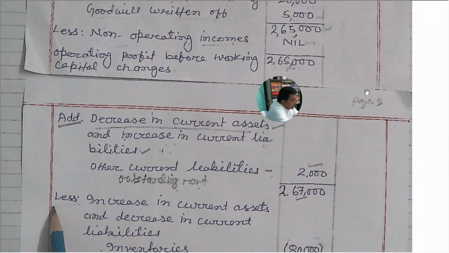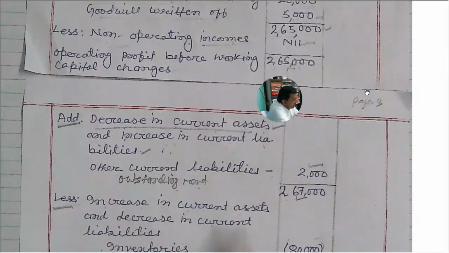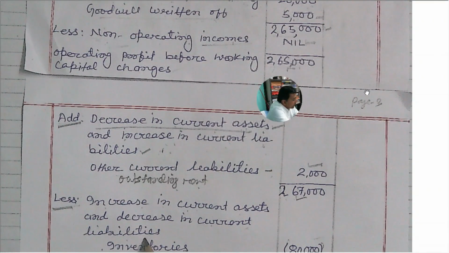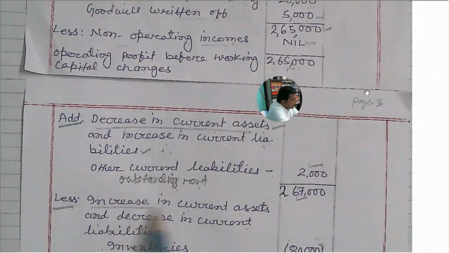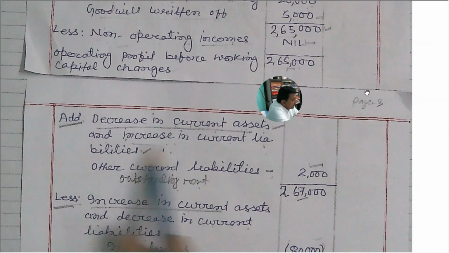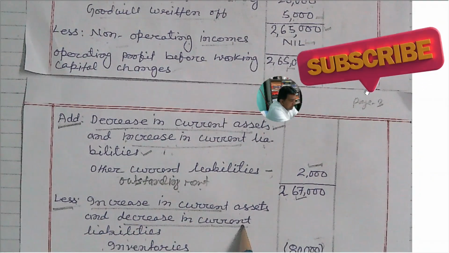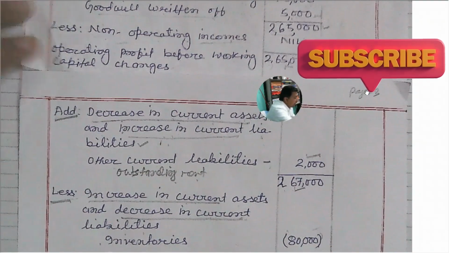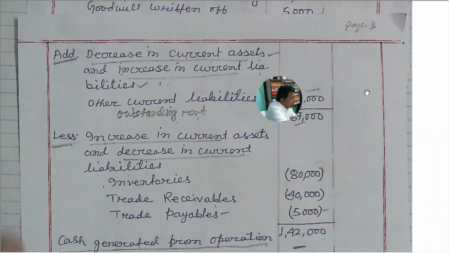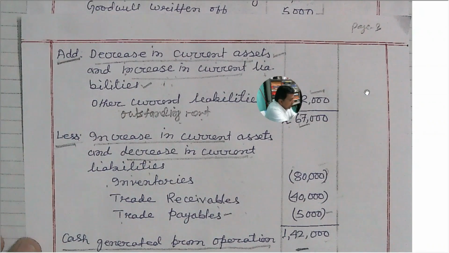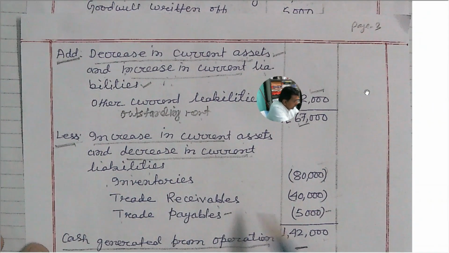Then the next step, increase in current assets and decrease in current liabilities, just opposite to the above heading. Decrease in current assets there, increase in current assets here; increase in current liabilities there, decrease in current liabilities here. Accordingly, we have seen that inventories increased, and trade receivables also increased.